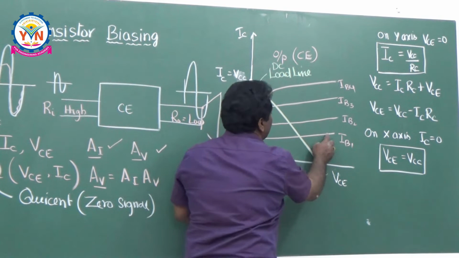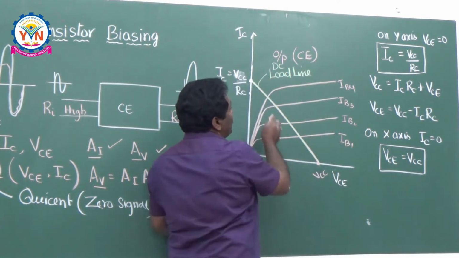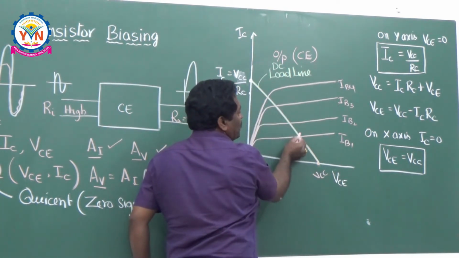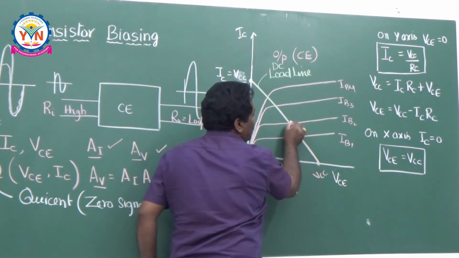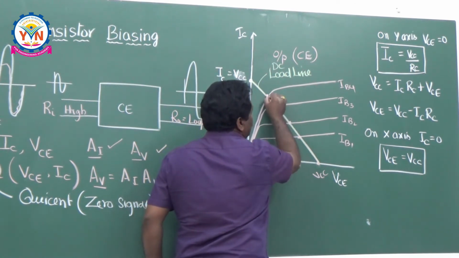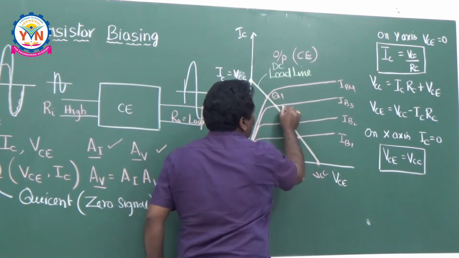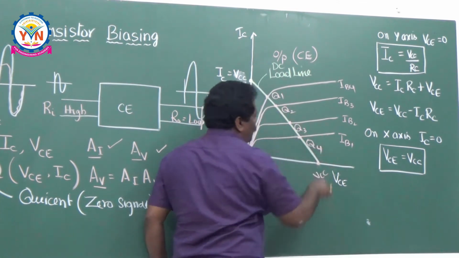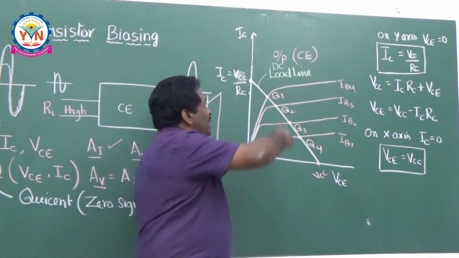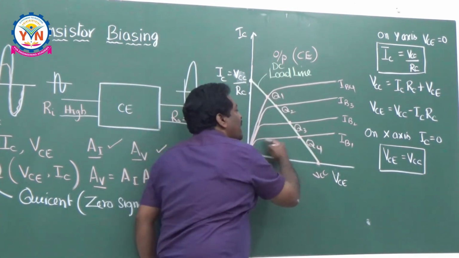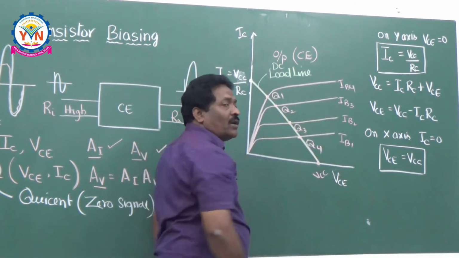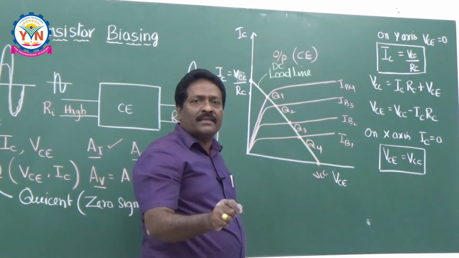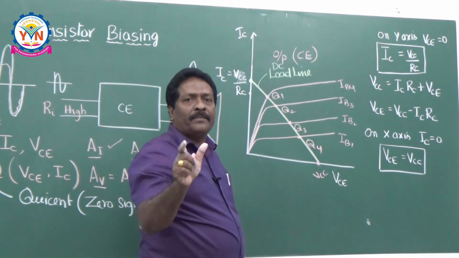These are the characteristics, and now it has so many intersections here. Let me say this is Q1, this is Q2, this is Q3, and this is Q4. The intersection of the load line with the output characteristics of the common emitter configuration is called the operating point.